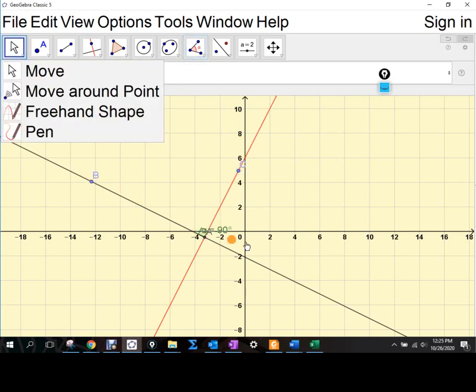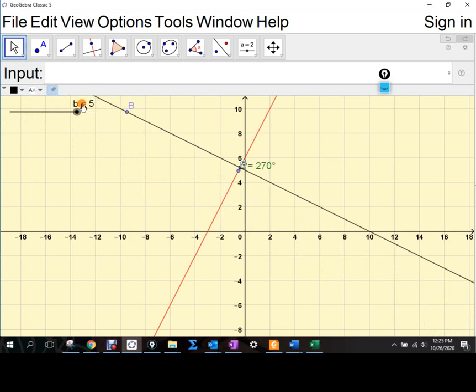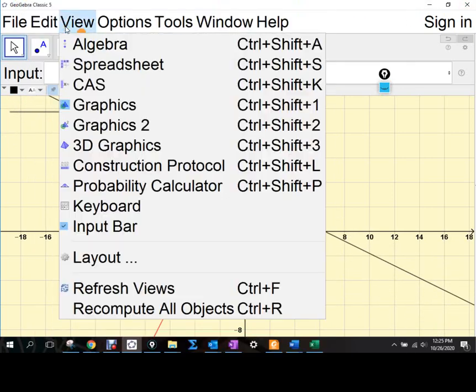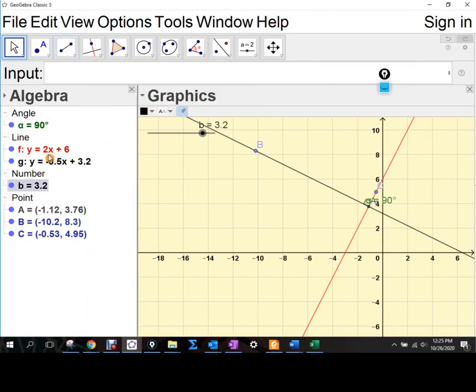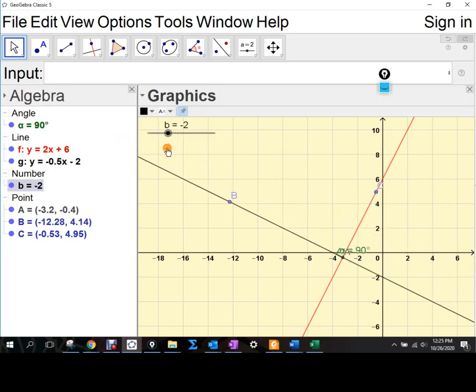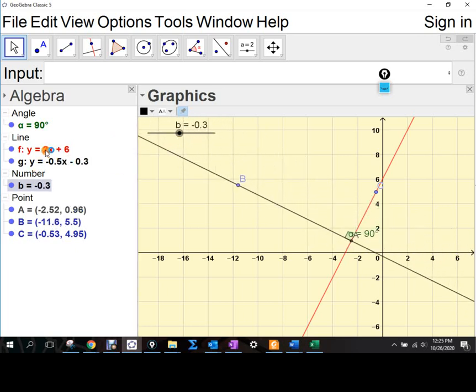Is that a 90-degree angle then? Okay. And the idea is that no matter what, I got all those different lines. And you can see, if we put the algebra pane back up here, the y equals mx plus b format. No matter what that black line is, the thing that keeps it perpendicular to the red one is the opposite reciprocal slope.